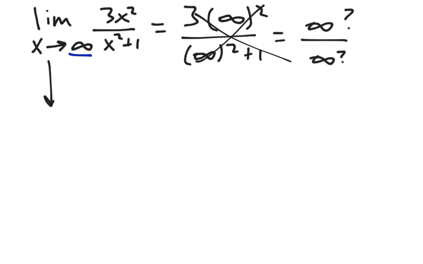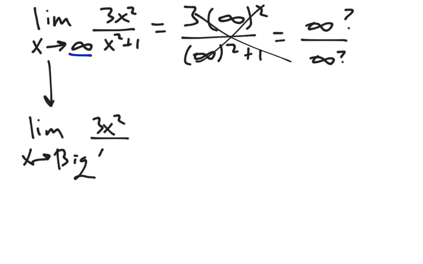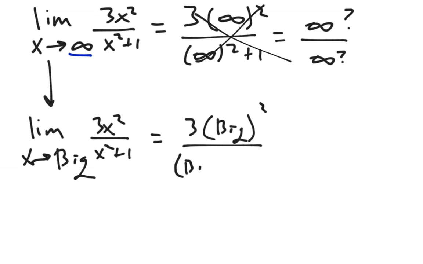One way is to think about infinity and sort of do the chart process. So we pick a very large number. We're going to do the limit as x approaches big, because big is a big number, of 3x squared over x squared plus 1. And when we do this, we're going to get 3 big squared over big squared plus 1.